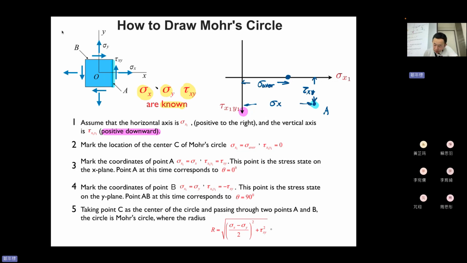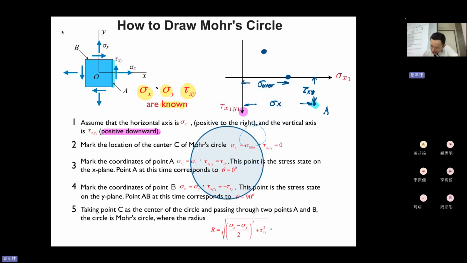The other point is B. Well, this is kind of difficult. You don't need to draw the circle first, because you know exactly the values, but I want to make it clear.